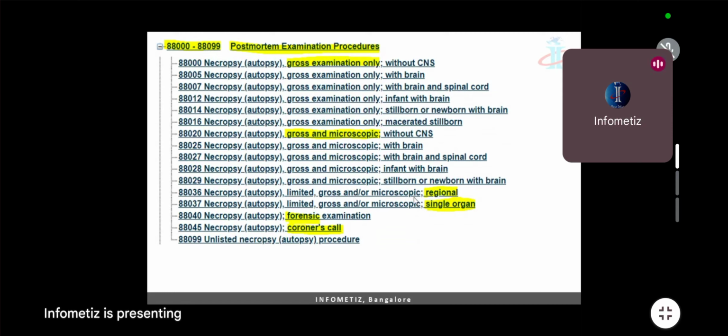Regional, okay? Upper body region, lower body region, abdominal region, chest region. Groups of organs, but in one locality. And 88037 is a single organ. I am not checking the entire body. I want to check only one organ. That's it. Fine.